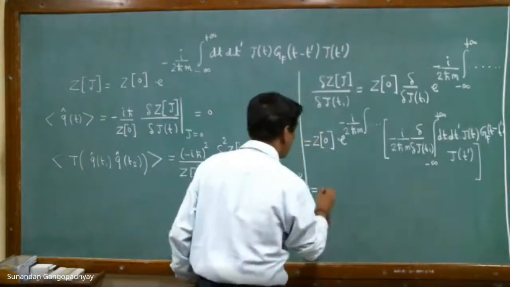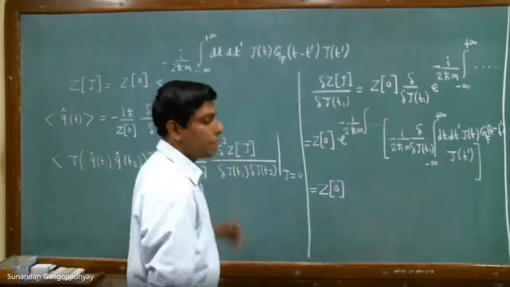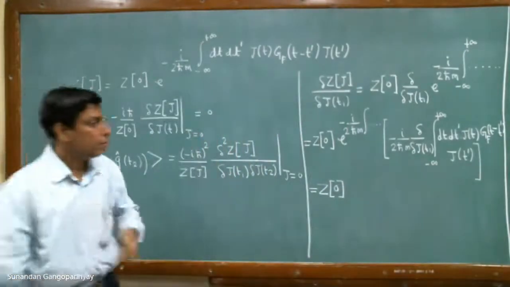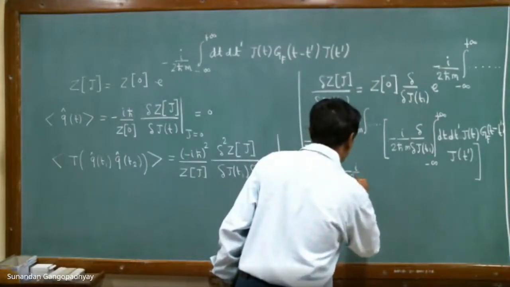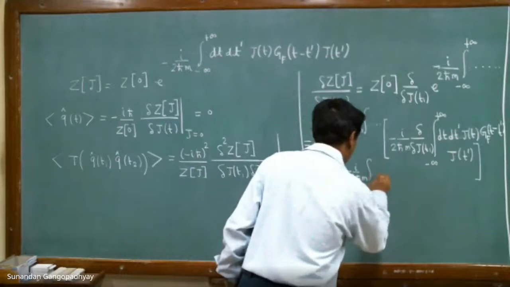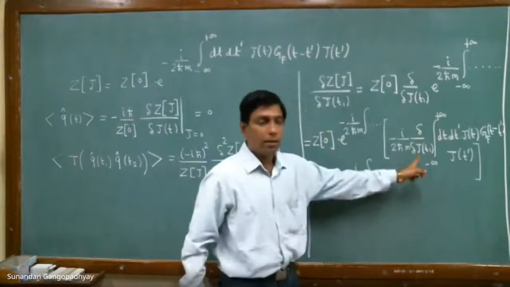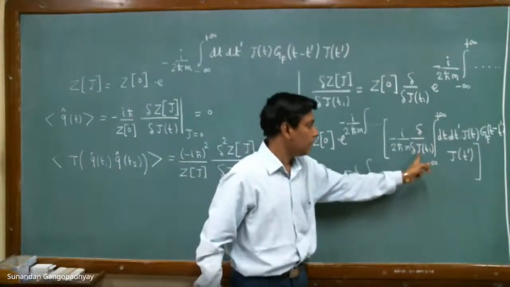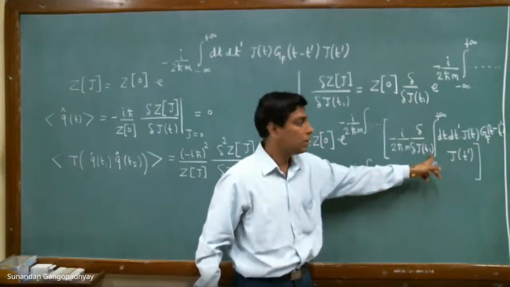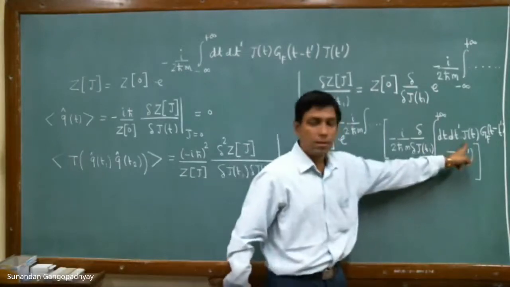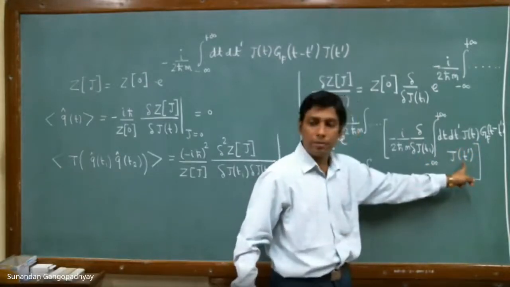So this is equal to Z0, and now we'll have the exponential of whatever we have here. So that factor is there, and now del J t1, the functional derivative with respect to the source J, will act on this and give us a term, and will also act on this term and give us a term.